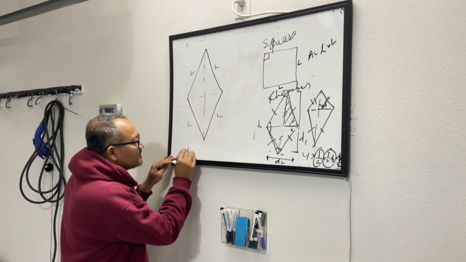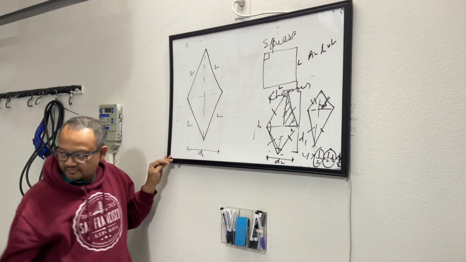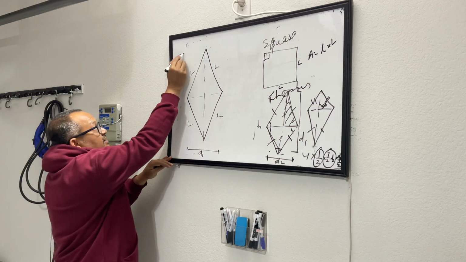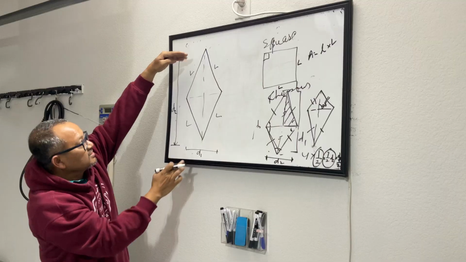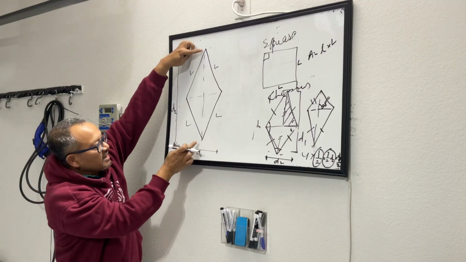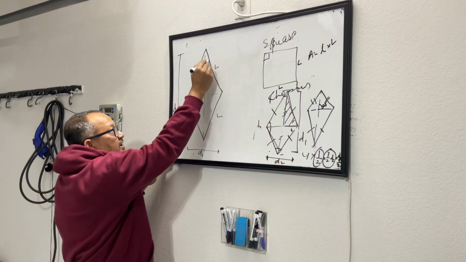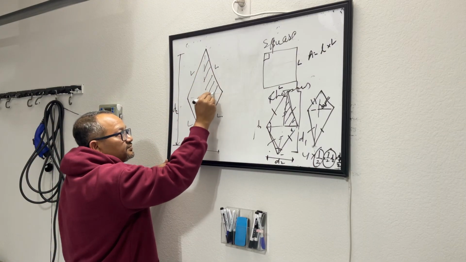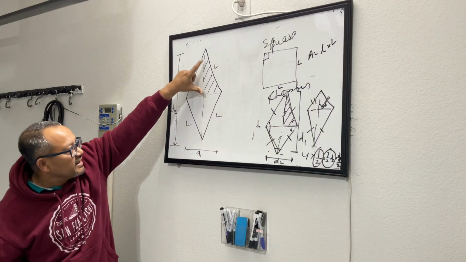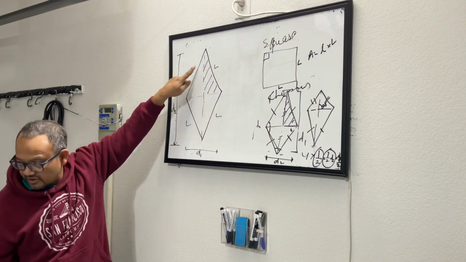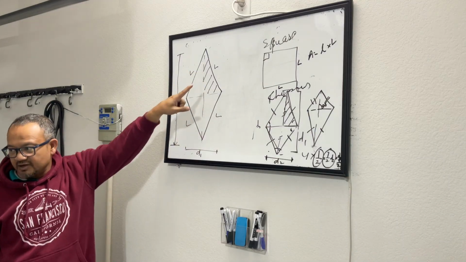This is my one diagonal, D1, and this is my second diagonal, D2. Maybe I'm not drawing it right, but I'm talking about the distance between these two. Now what we're trying to find is the area of this triangle. As we can see pictorially, the area of this triangle is 1/4 of the whole thing. So once we find the area of this triangle, we'll multiply that by 4, and that will give me the area of the rhombus.